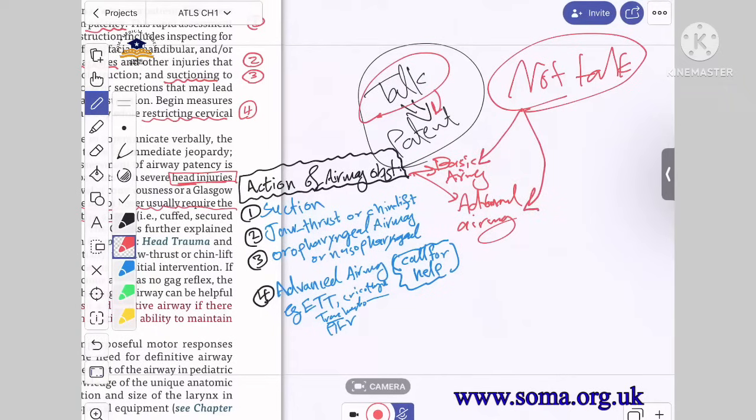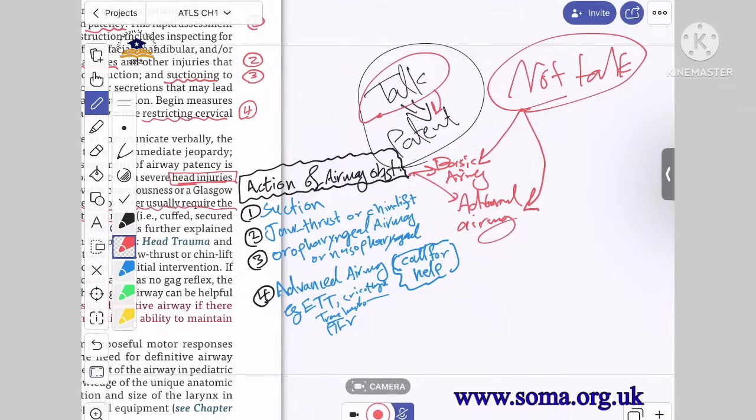What are the basic techniques? We will discuss it in the next class, but I will give you just a hint. Basic techniques are like head tilt, chin lift, jaw thrust, and putting an oropharyngeal airway. Advanced airway techniques are like endotracheal intubation, PTLV, percutaneous translaryngeal ventilation, surgical cricothyrotomy and tracheostomy.